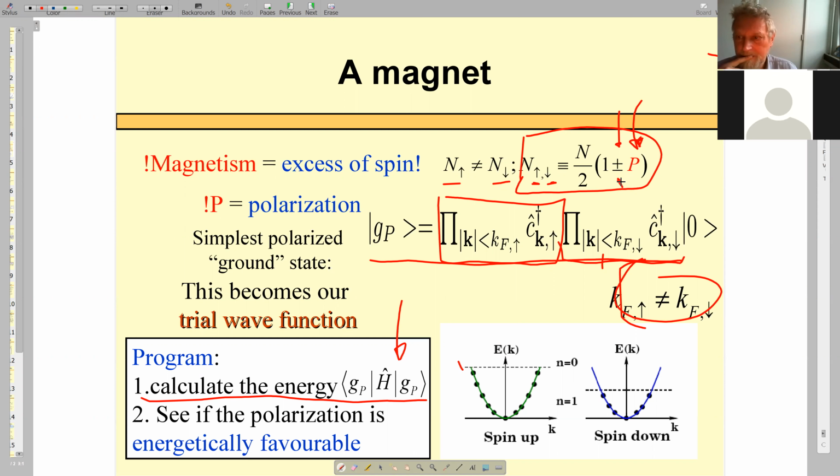Very good. So at least we have some program to work on, some plan. We are going to compute the average energy of the Hamiltonian for this state, for our probe state, or in other words, for the trial wave function.